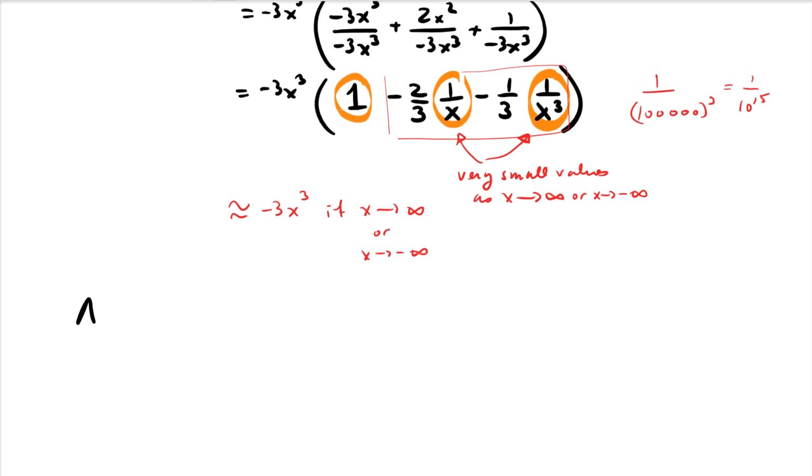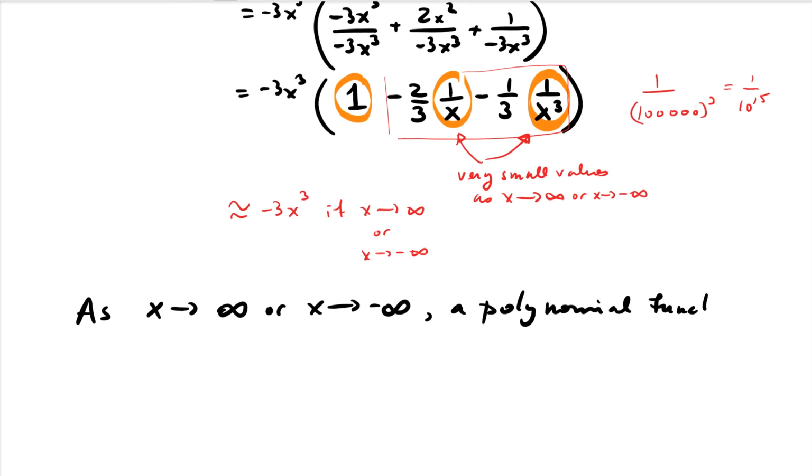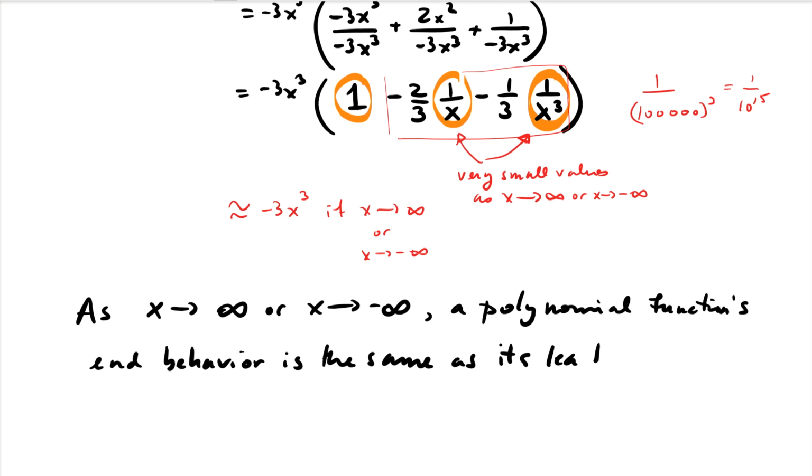So as x tends to infinity or x tends to minus infinity, a polynomial function's behavior is the same as its leading term.